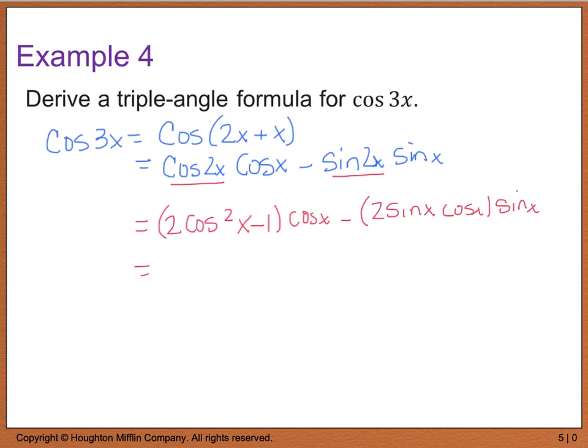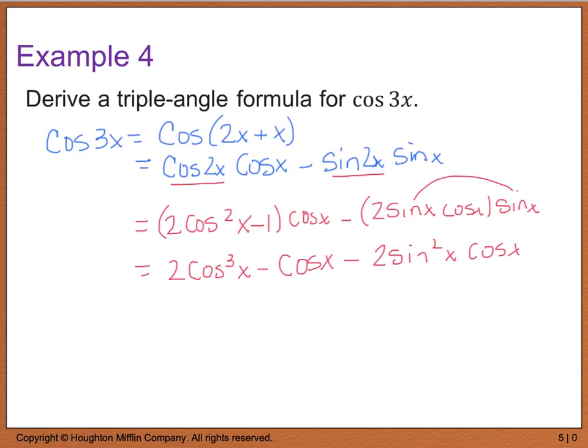So now if we simplify, we have 2 cosine squared times a cosine, which is going to give us 2 cosine cubed x minus cosine x, minus, then I'm going to distribute this onto here, and we end up with 2 sine squared x times cosine of x.